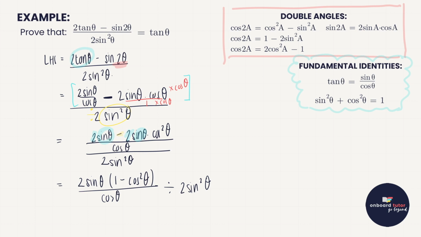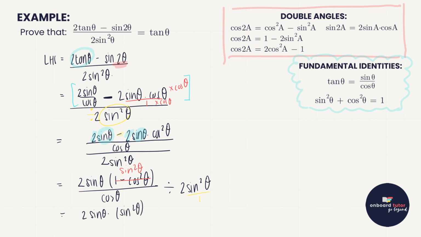So I can then substitute this out and say, well, instead of 1 minus cos squared theta, it's actually just sine squared theta. So let's put this sine squared theta over 1, and that means we can now tip and times. So we're going to have 2 sine theta times sine squared theta.